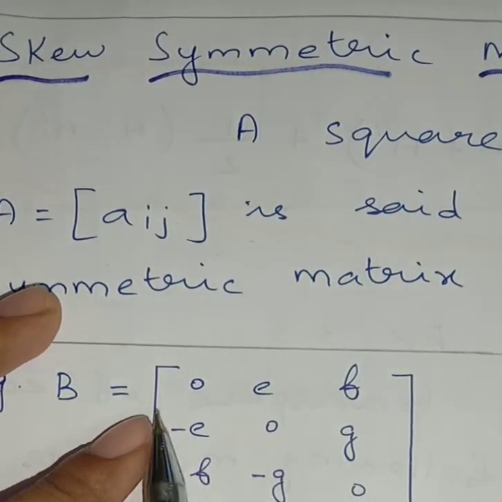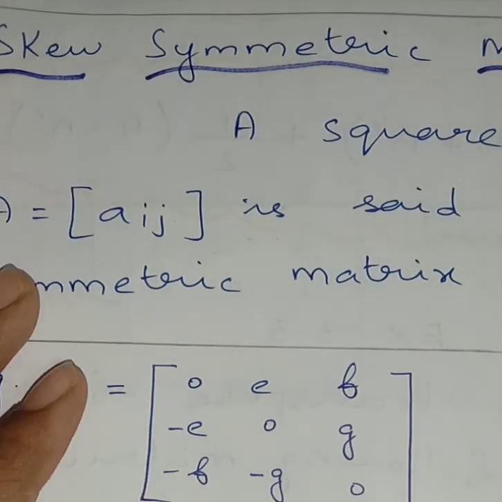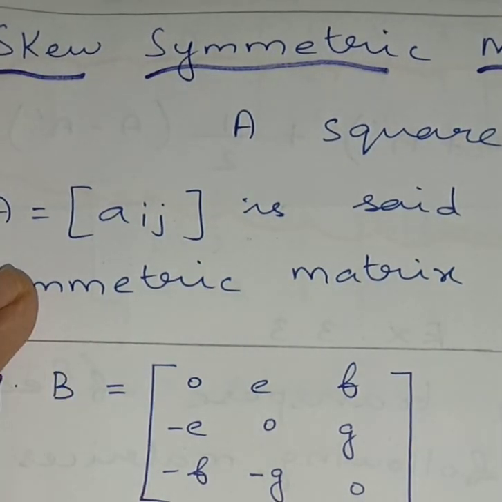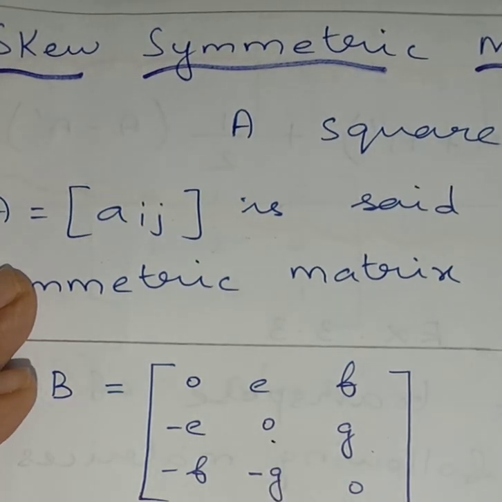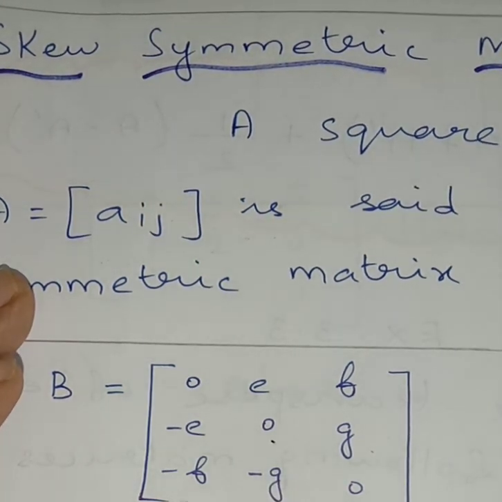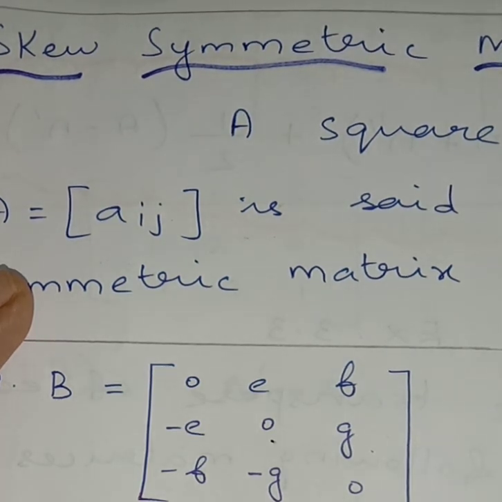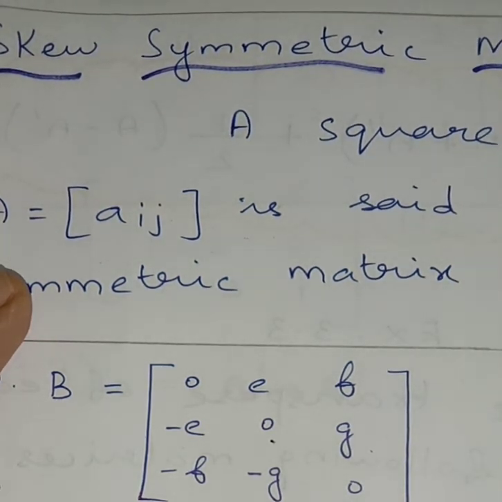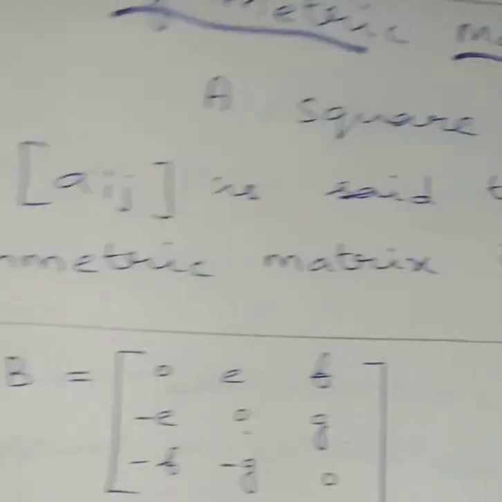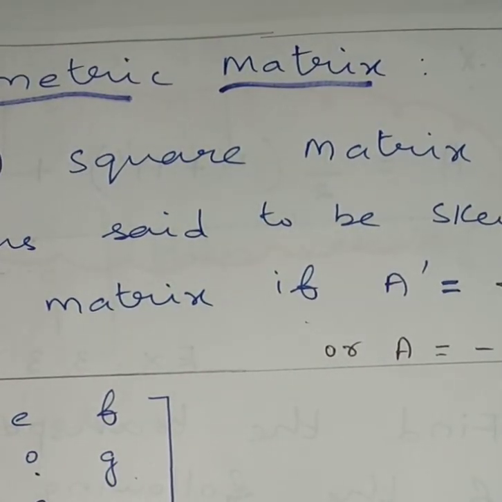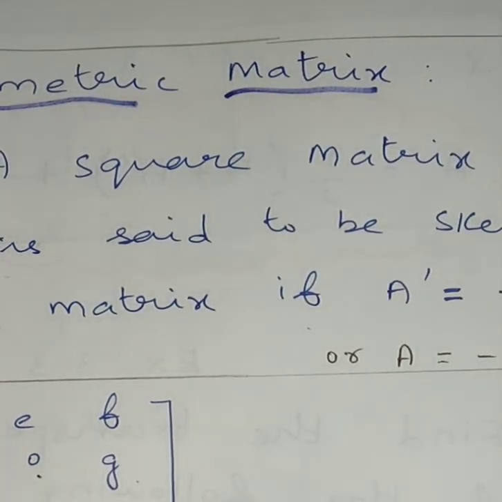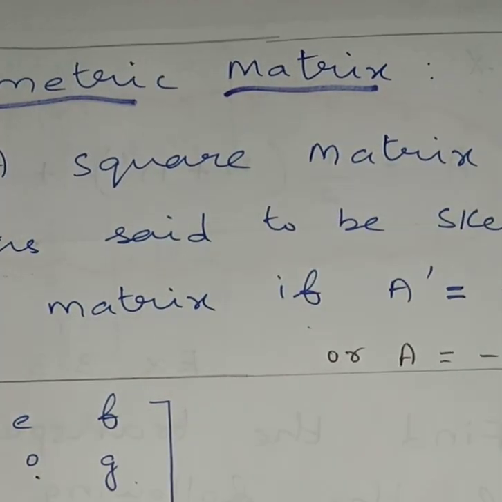See, 0 E F, here also 0 E F, but one negative is outside. The same way, minus E 0 G becomes E 0 minus G, and minus F minus G 0 becomes F G 0, which means B equal to minus B dash. So which means it is a skew symmetric matrix.